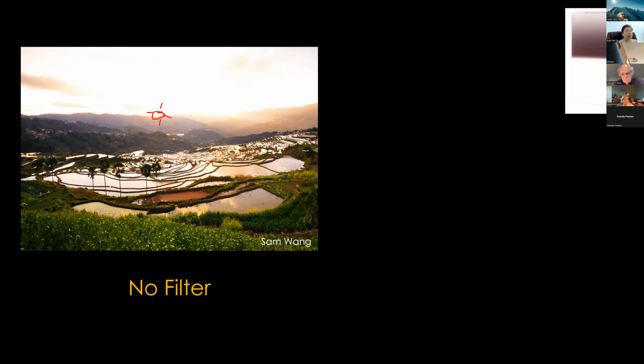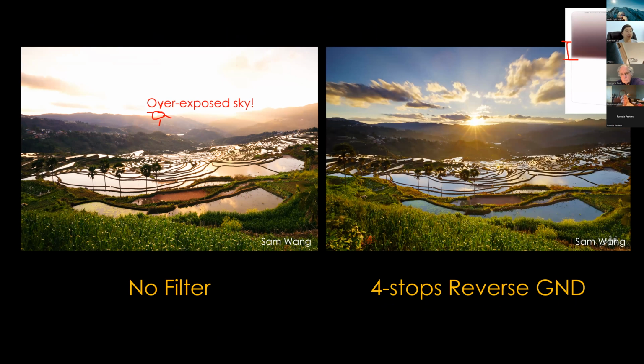Okay, so in this case, we have to use the reverse GND. If you remember in the earlier slide, the reverse GND has the darkest part in the middle of the glass. So with the use of the reverse GND, we're able to restore the clipping information in the middle of the image. Okay, so this is without and with the use of the four-stop reverse GND.